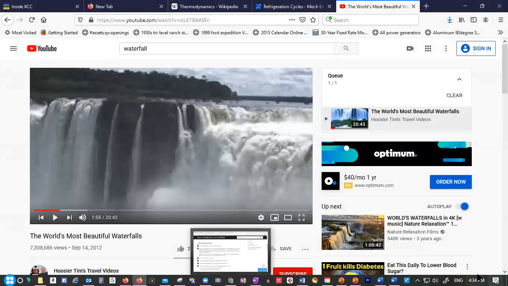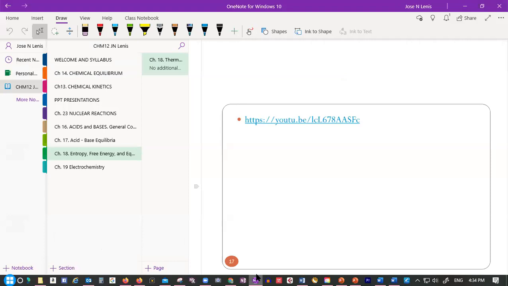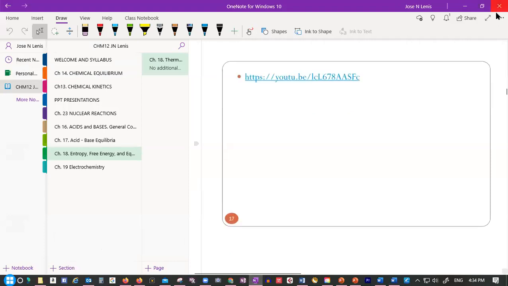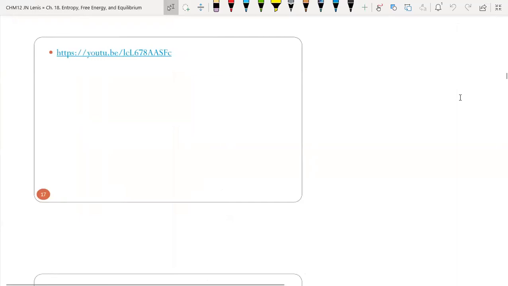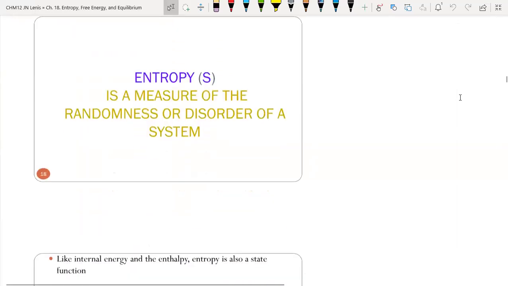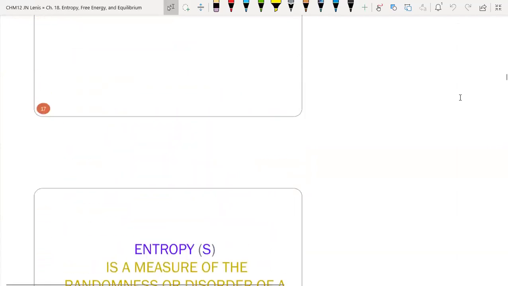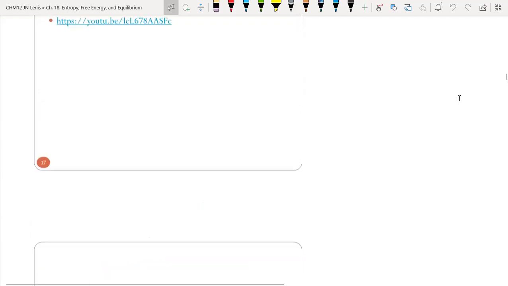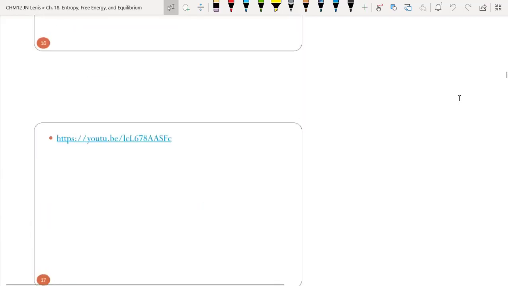For our chemical processes, we're going to identify the variables that govern these spontaneous processes and how we can make predictions about that. I mentioned it before, the entropy. No, I didn't. I mentioned enthalpy. Now, we're talking about the second law of thermodynamics. The first law of thermodynamics talks about the change of energy.